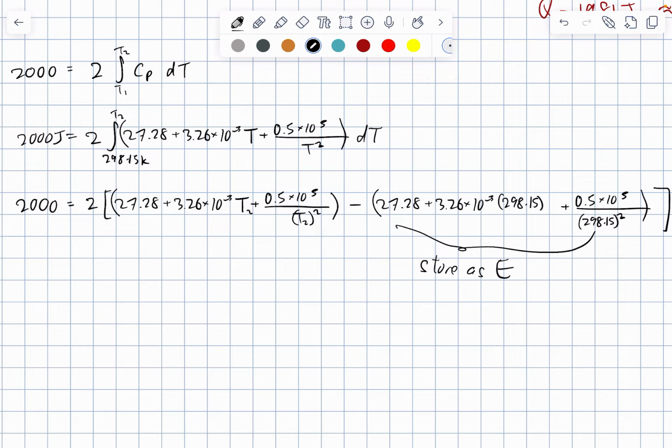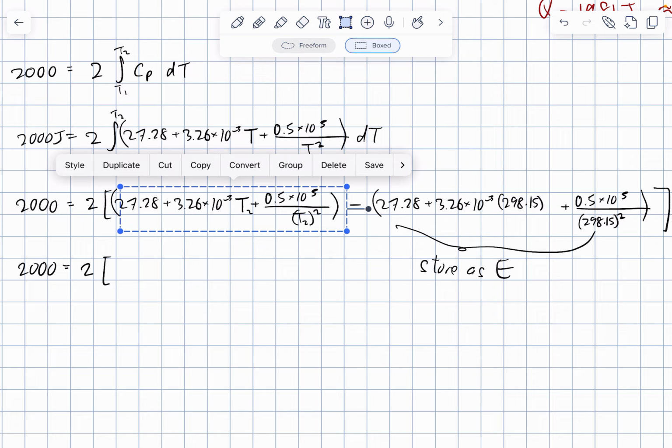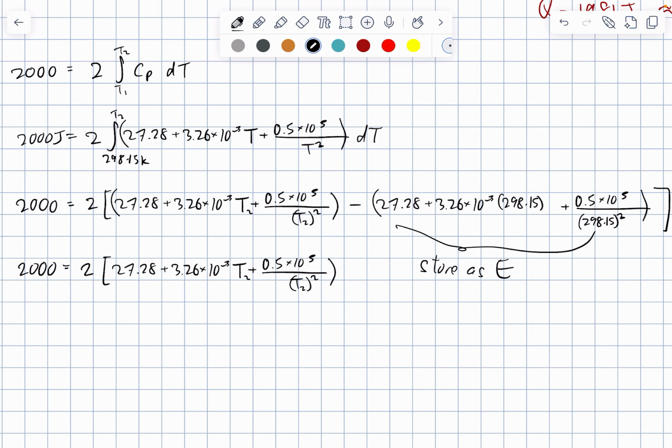Store as E. And then 2000 equals 2 times this, minus E. So we basically shortened the equation so that the calculator could compute faster.